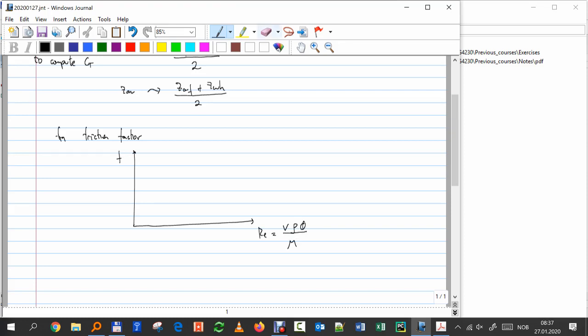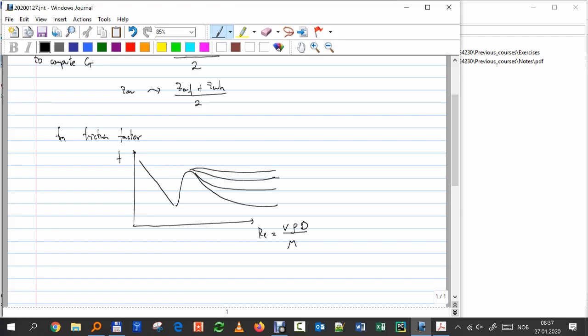In our case, we are using D for diameter. If we have the laminar regime, it looks something like that, 64 over Reynolds. We have some ugly region that we don't know exactly what happens, and then we have a family of curves.